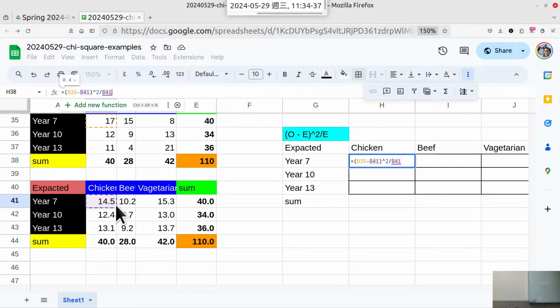Observation is here. You see? And divided by E. We are done. Then click enter. Okay, we got 0.4.